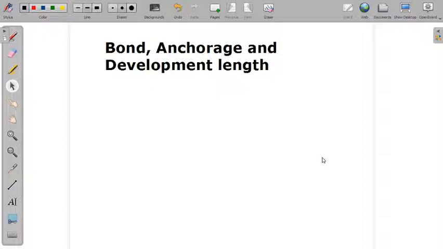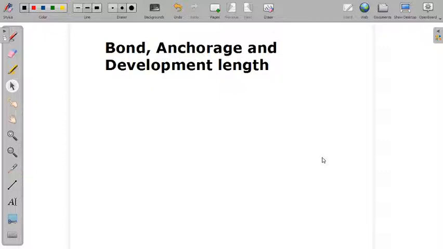Means either concrete or the steel, no one will slip from one another in a loaded structure when the structure is fully loaded. Okay, so with the perfect bond between steel and concrete, the plane section of a beam remains plane even after bending. So that is the main property that we can see.